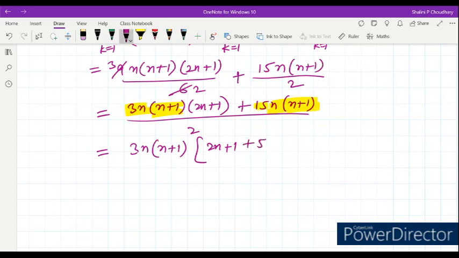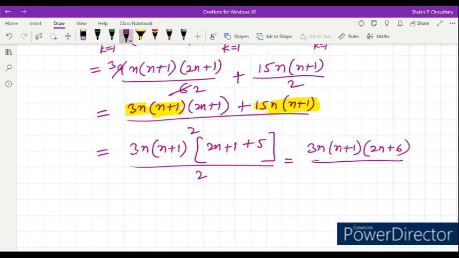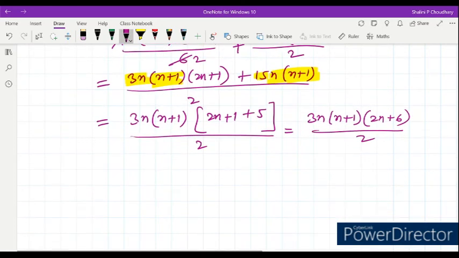So this side we are getting 5, divided by 2. So what value will we be getting? 3n into n plus 1 and 2n plus 6, so 2n plus 6 divided by 2. We can take 2 common. So 3n multiplied by n plus 1, 2 into n plus 3 we can write.